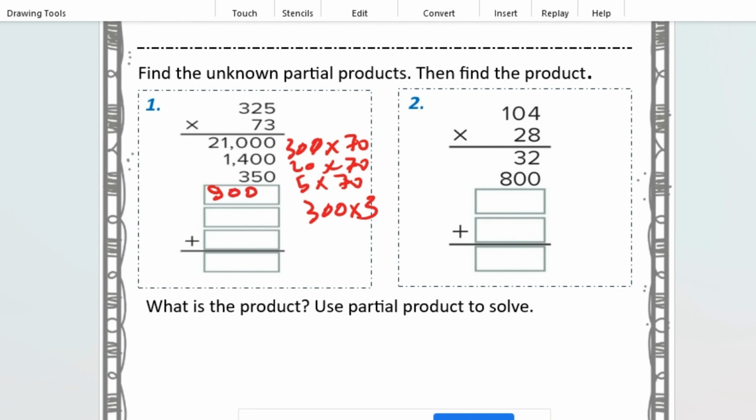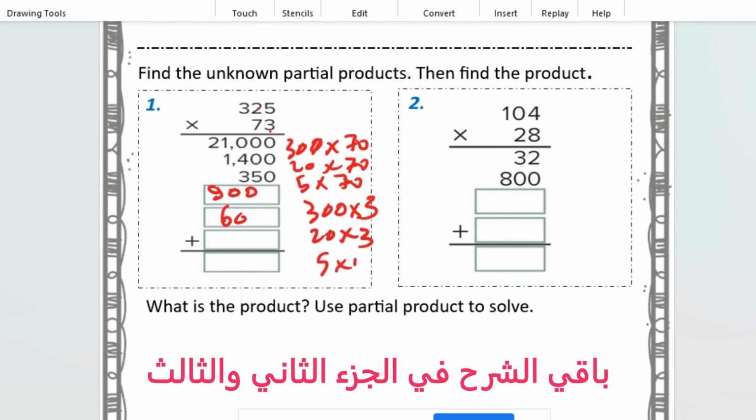Okay, now 20 times 3 is 60, so we put here 60. Lastly, 5 times 3 will be 15. Okay, now we add all these numbers, we will have 23,725.